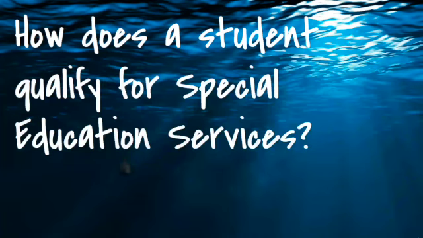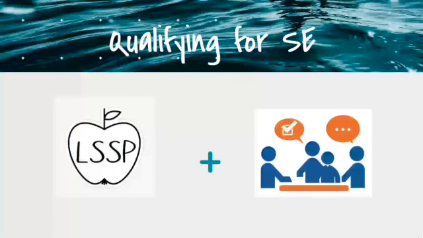Before diving into specially designed instruction, let's start with how a student qualifies for special education services. There are two factors that need to be met in order for a student to qualify for special education services.